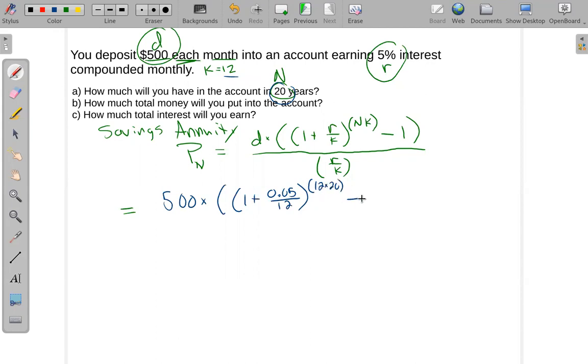Close the exponent, subtract 1, and then that's all divided by that proration of the APR. So that would be our 5/100ths, 5% over 12. So you need all of these parentheses on most calculators. Let's try.